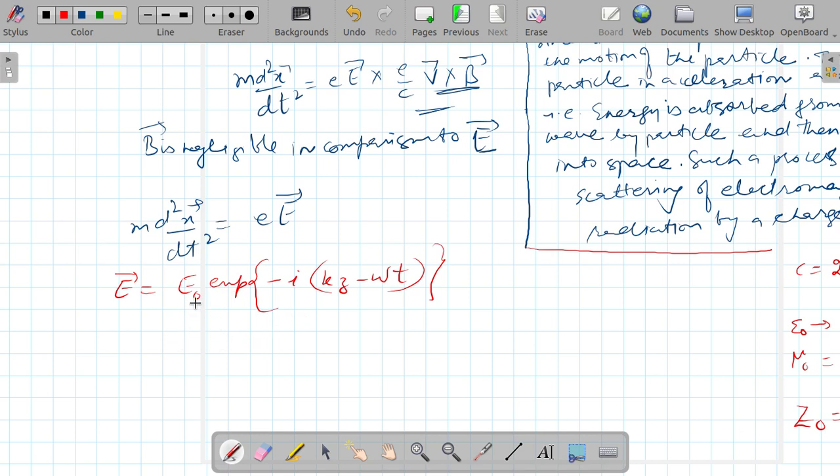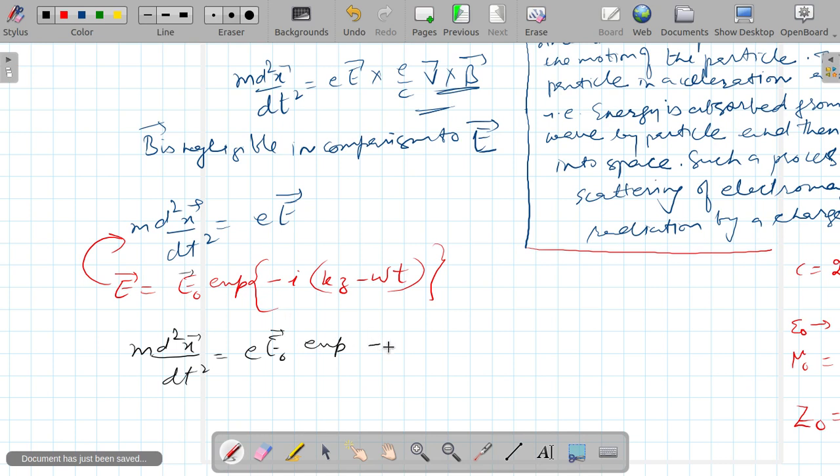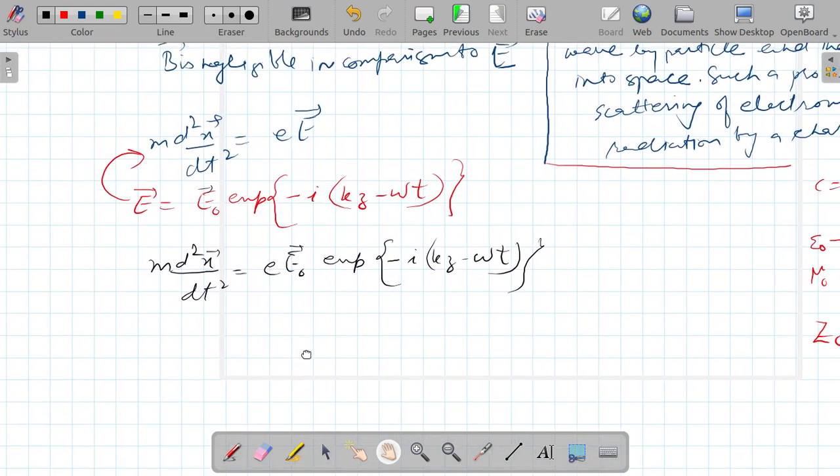Now, substituting this in this equation, this equation will become, so this equation can be written in this form.